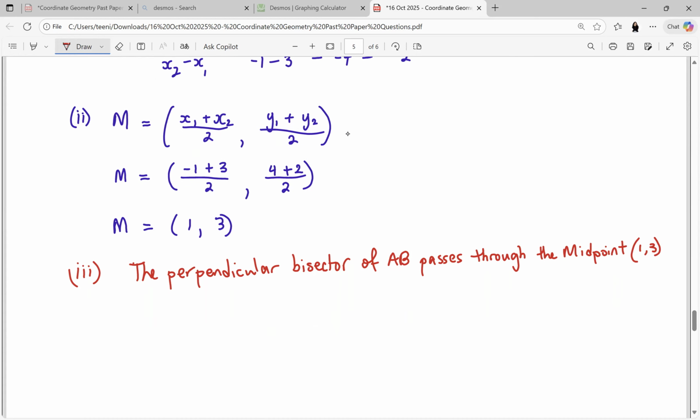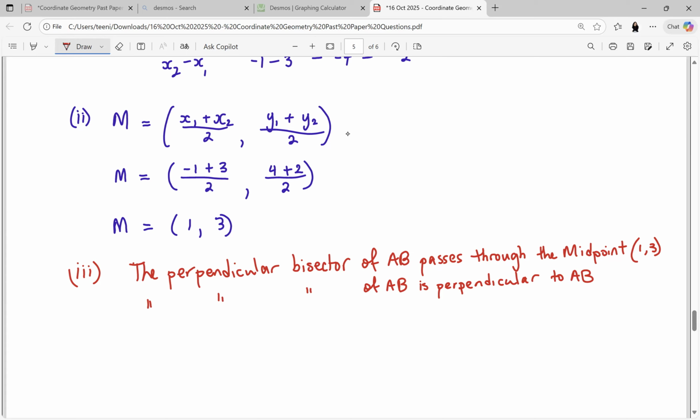The second thing is that the perpendicular bisector of AB is perpendicular to AB. So if that is so, it means that the gradient of AB would be the negative reciprocal of the gradient of the perpendicular bisector.